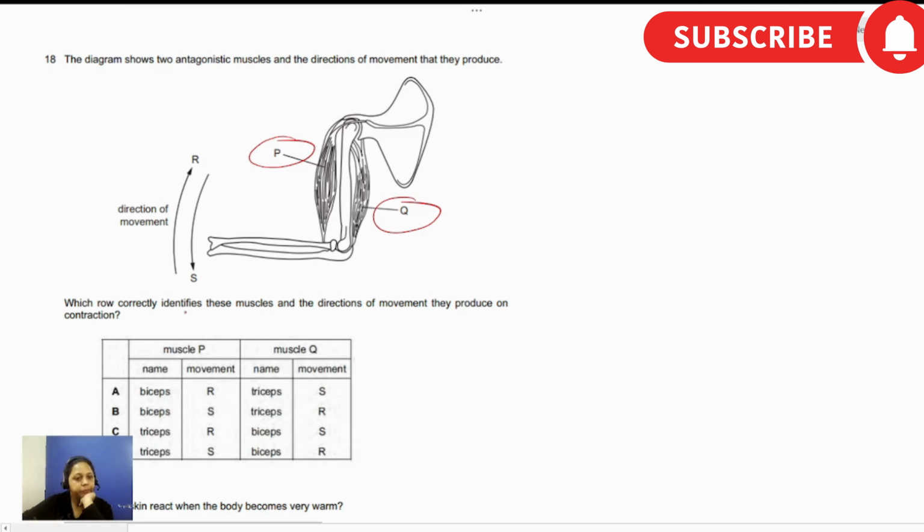Okay. What is muscle P and what is muscle Q? R means moving up and S means moving down. R means contraction and S means relaxation. So what do you think is going to happen?